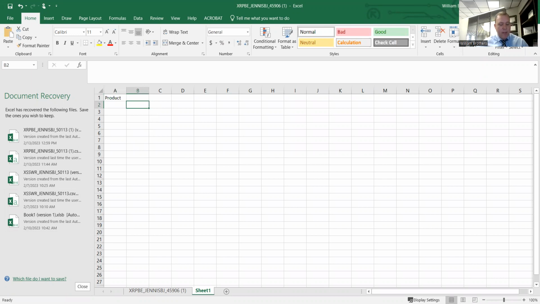And I'm going to say that my selling price for the product is $50 per unit. And then my cost of goods sold, which is also a variable cost, let's say that's $30 per unit.